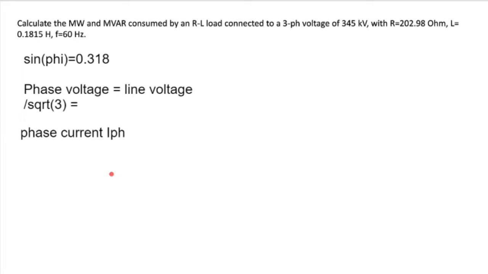I phase, current will be phase voltage over Z. Phase voltage over Z. Calculate the phase current and tell me the value. 929 A. That's correct.